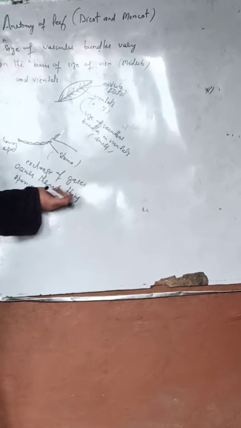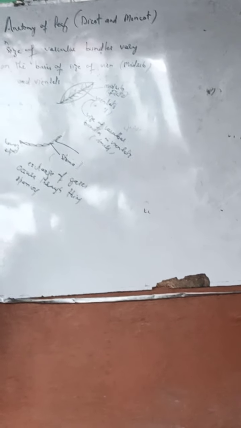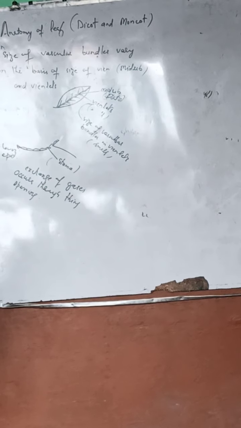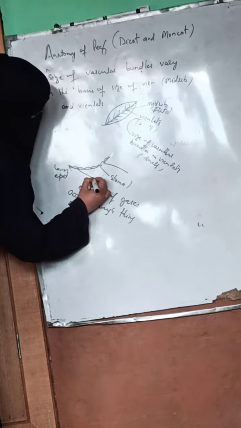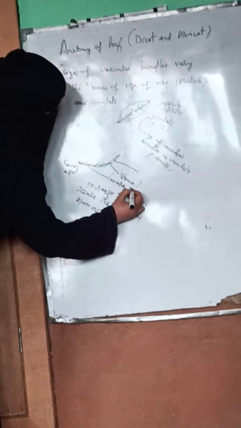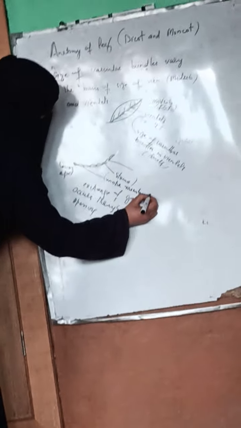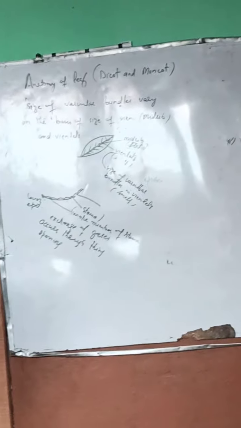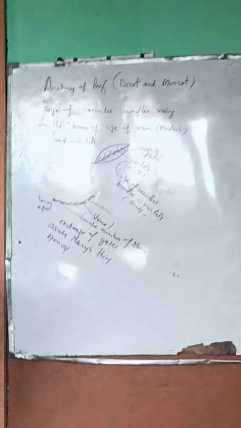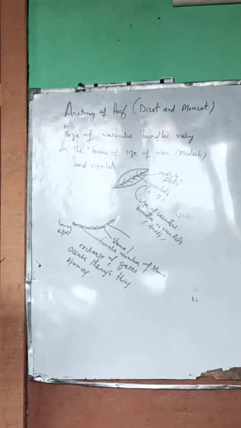It contains stomata, and the abaxial surface on the lower region of the leaf contains more number of stomata as compared to the adaxial surface, which is on the upper epidermis. Then we can write features of the dicot leaf.